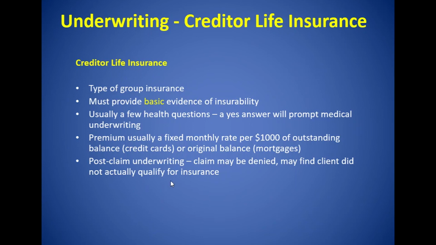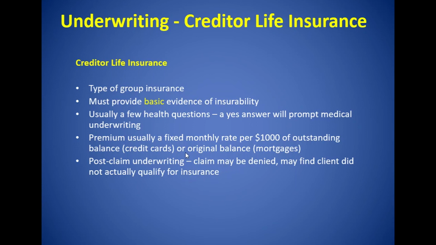Obviously, this is not very acceptable to the deceased and the deceased's estate, because all along they thought they had coverage. They answered these questions correctly, but through the post-claim underwriting at the time of a claim, something might have been uncovered.